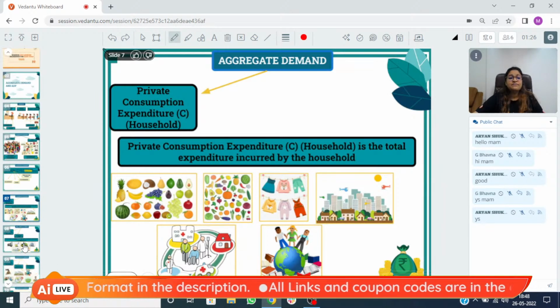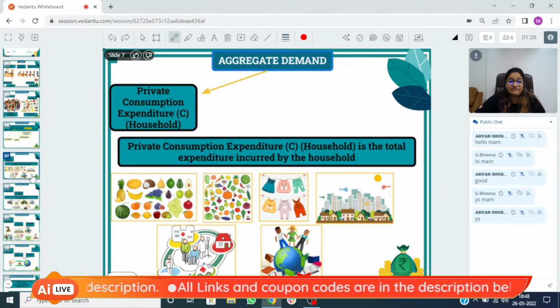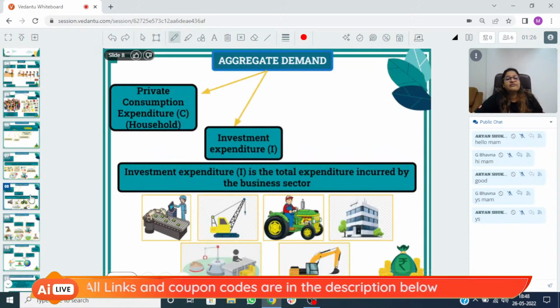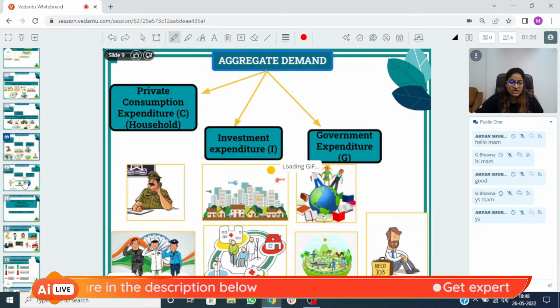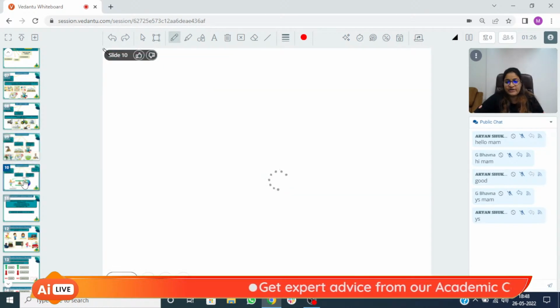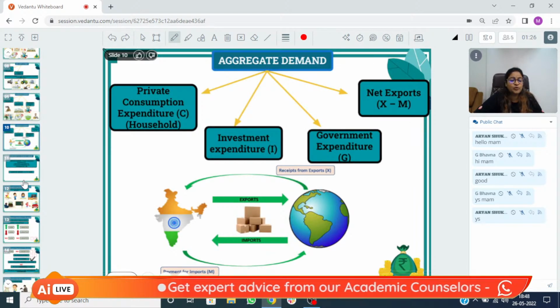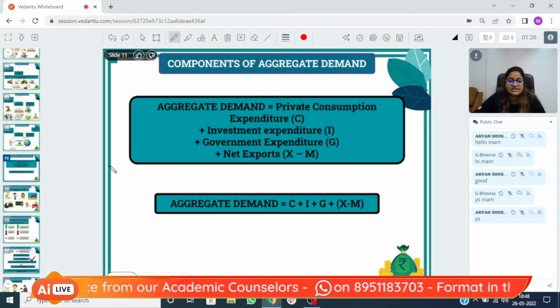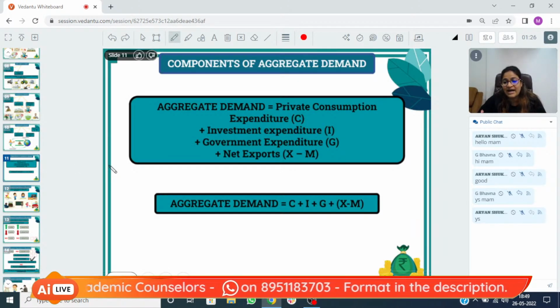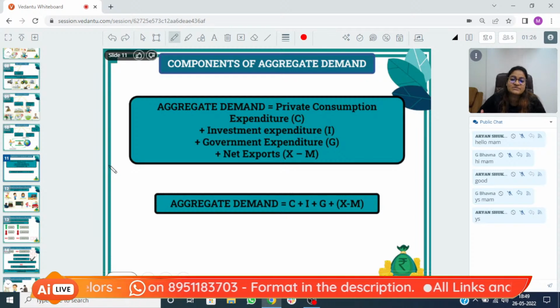Then we have private consumption expenditure. This we have done in national income. We have investment expenditure and we have government expenditure. And we have the net foreign trade, which is export minus import, also called net exports. So can I say aggregate demand is equal to C plus I plus G plus X minus M?